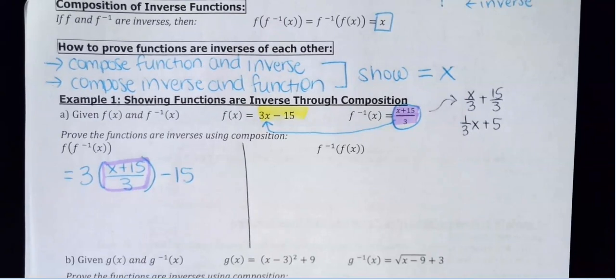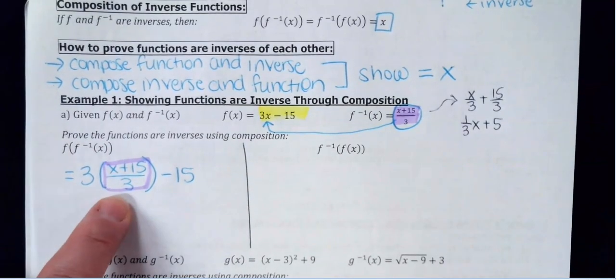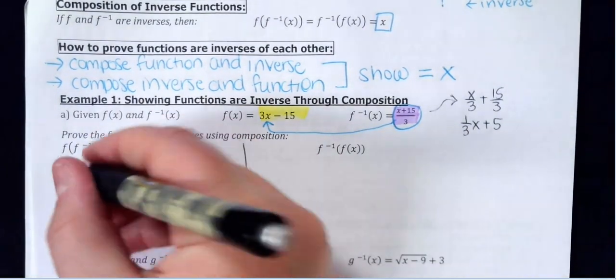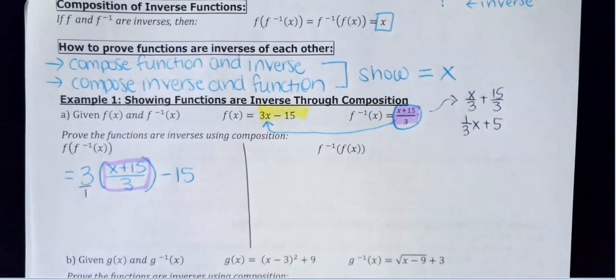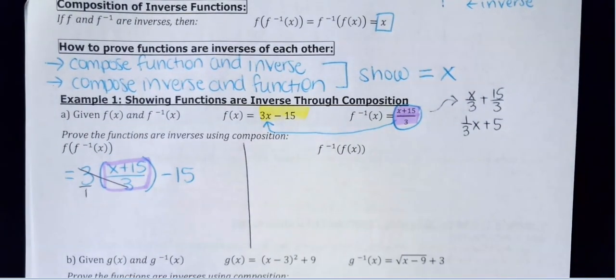Now, I don't know if you will notice this, but people will distribute the 3. Don't do that. Do you see how there's a 3 on the outside and a 3 underneath? This would be like a 3 over 1. This actually just cancels that out. You don't have to distribute it in there.